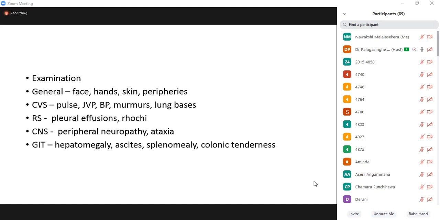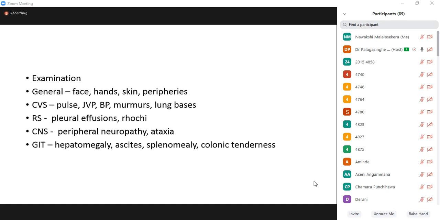Angular stomatitis, glossitis, cheilitis might indicate some underlying malnutrition, especially vitamin B12, B1 deficiencies and iron deficiencies might cause glossitis. Then angular stomatitis again due to vitamin B1, B2 deficiency.